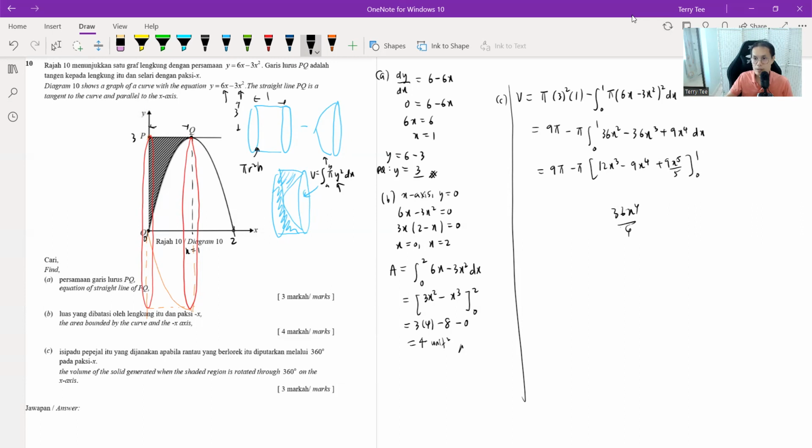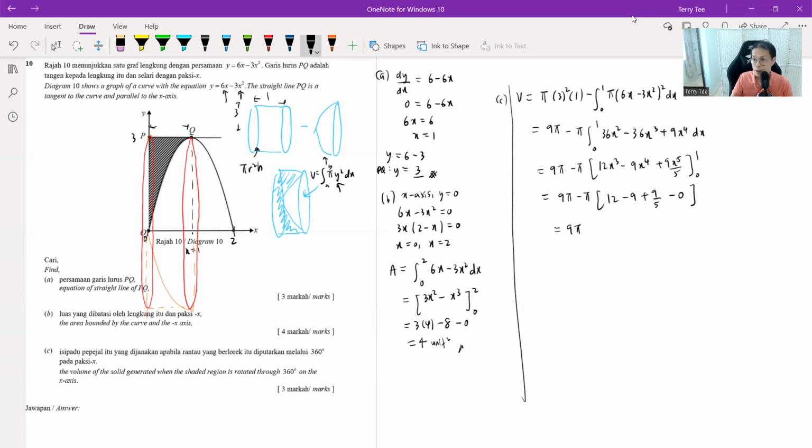Okay, so let's just count. This is 9 pi minus pi. Put 1 inside, I get 12. Put 1 inside, this is 9 over 5. Then you minus 0. Now this will actually give us 9 pi.